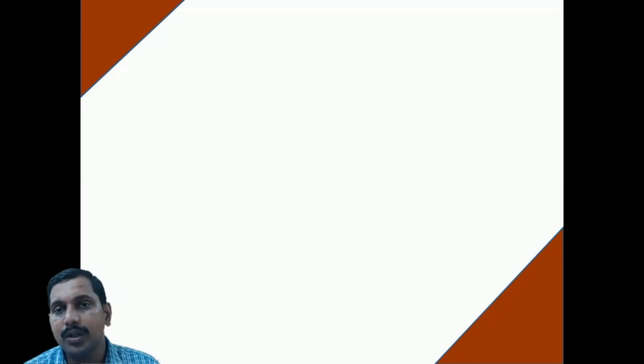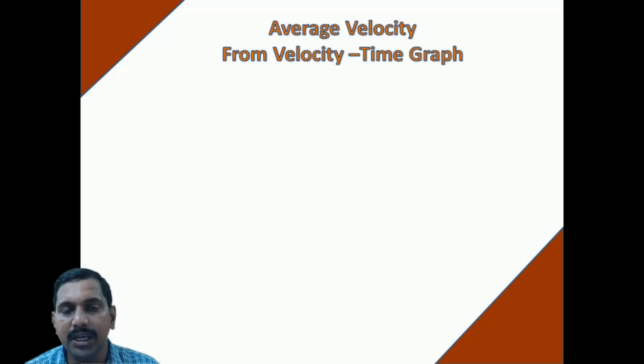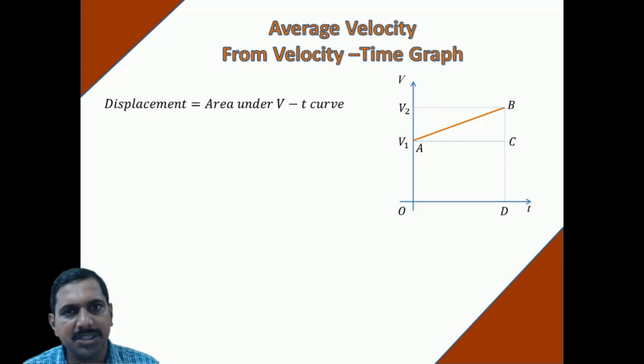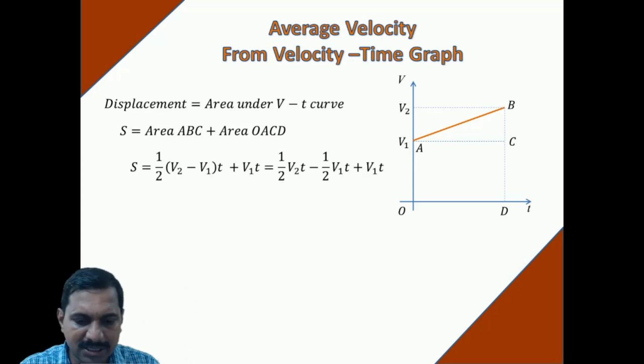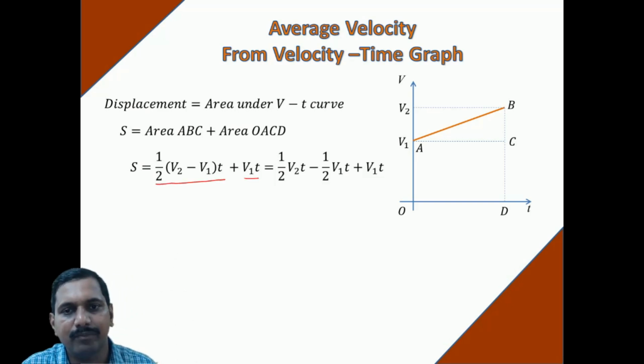Okay, students, now before going to kinematic equation 3, we will see what is average velocity from the velocity time graph, when the acceleration is known. I go with the same thing. Displacement is the area under the velocity time curve, and displacement is area ABC plus area OACD. Same thing, okay? And the result I have got is the same thing, half into V2 minus V1 into T plus V1T. But instead of substituting this as A into T, I will cut this.